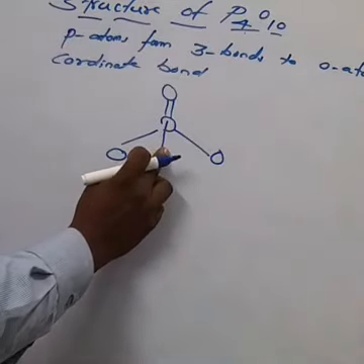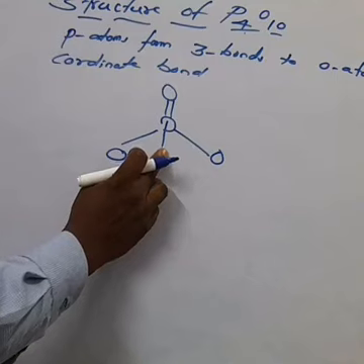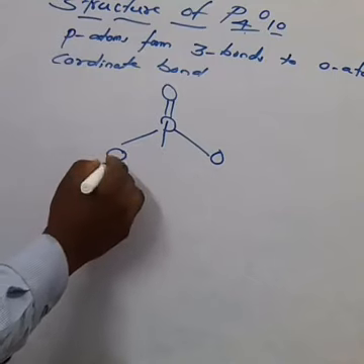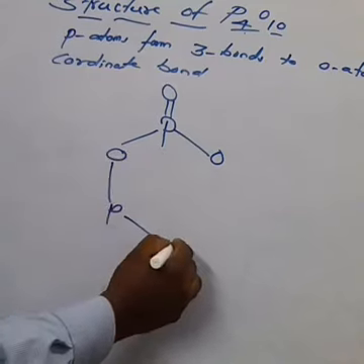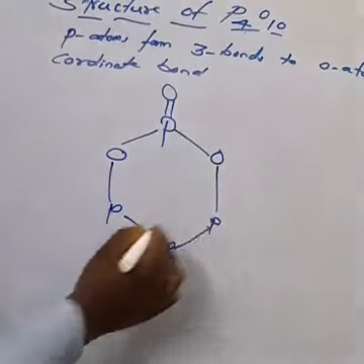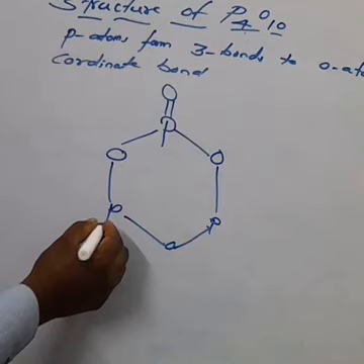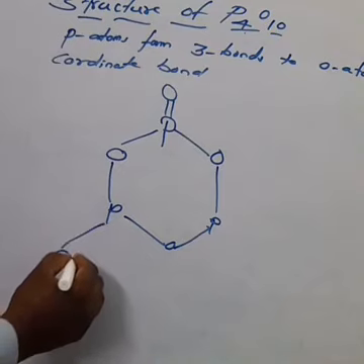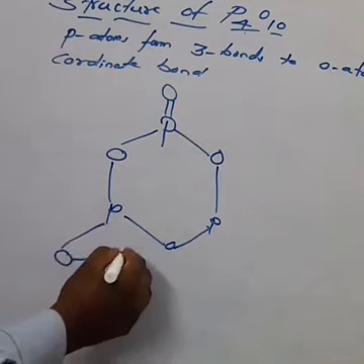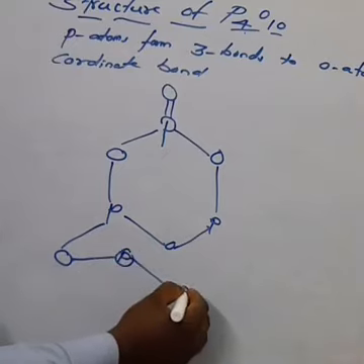First I am drawing one phosphorus atom: phosphorus, oxygen, phosphorus, oxygen, phosphorus, oxygen. Second, from the phosphorus below, join with oxygen, phosphorus, oxygen, phosphorus.